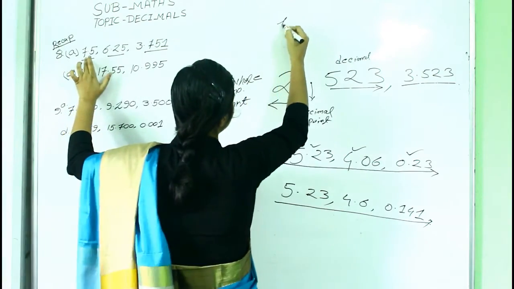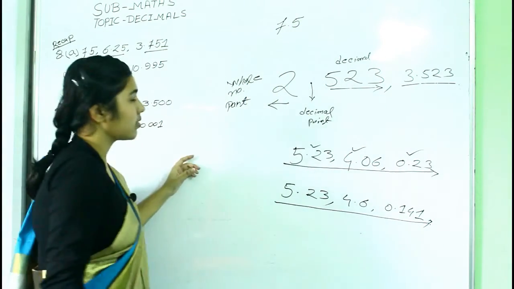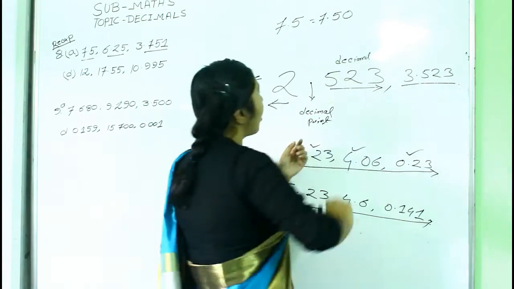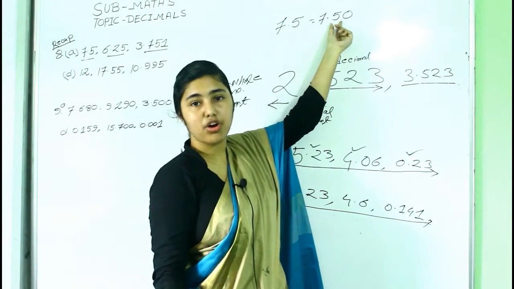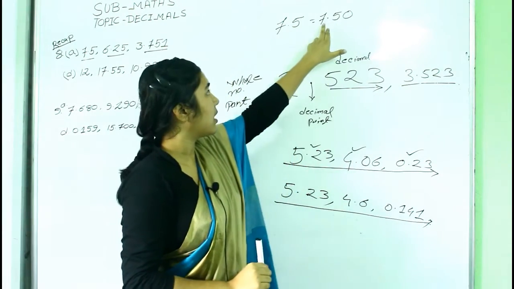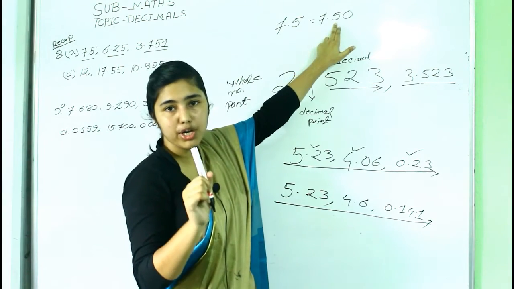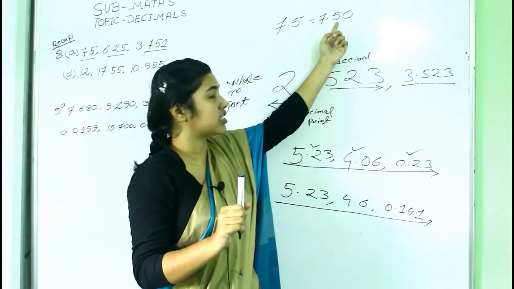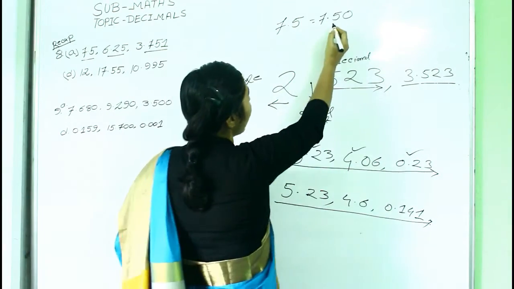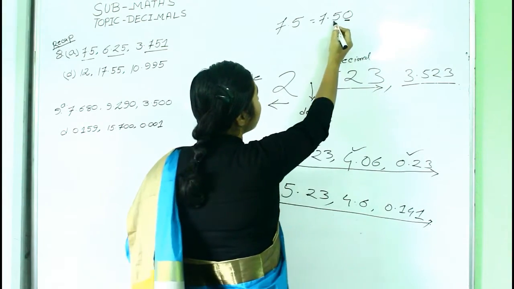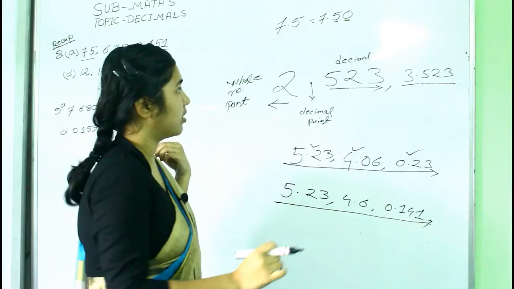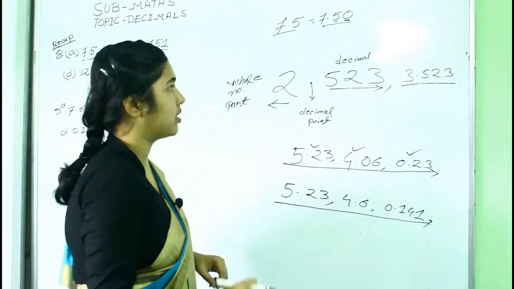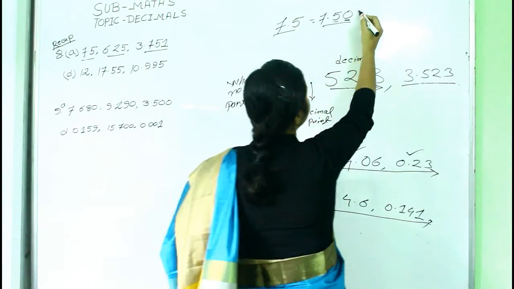So first consider 7.5. Here after the decimal point we have only 1 digit, which is 5. So 5 is our last digit after this decimal point, right? If we add 0 after the last digit of a decimal number, then these two numbers are known as equivalent decimals. What? Equivalent decimals.